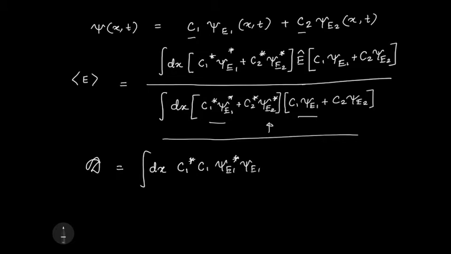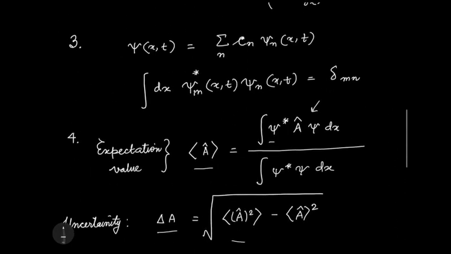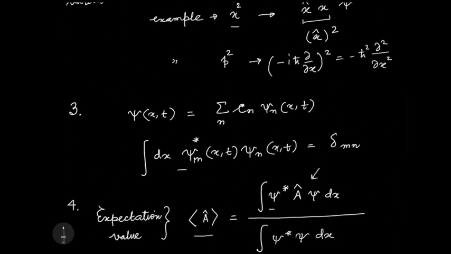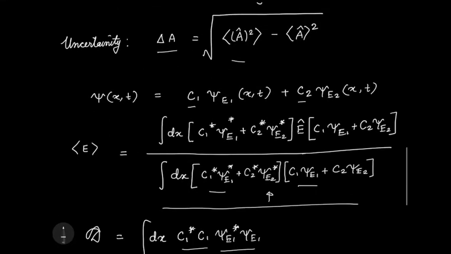What is this integration value? You see, C1 is constant, and C1 star is also constant. That will just go out of the integration. The integration I have to do is on this quantity, psi 1 star psi 1. And we saw that if we are doing such integration, if m and n are the same, the integral value is just 1. This is because of the orthonormality condition.